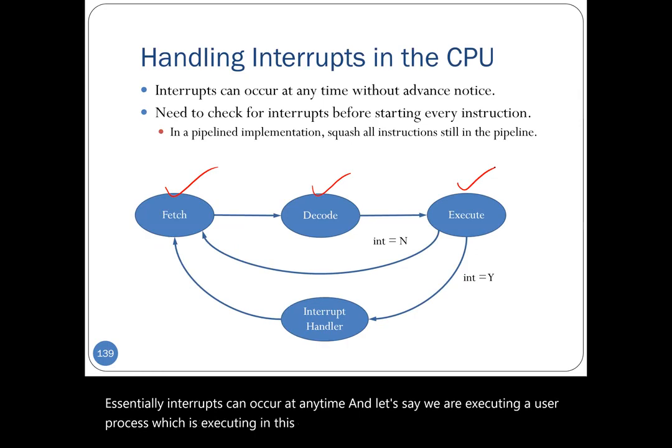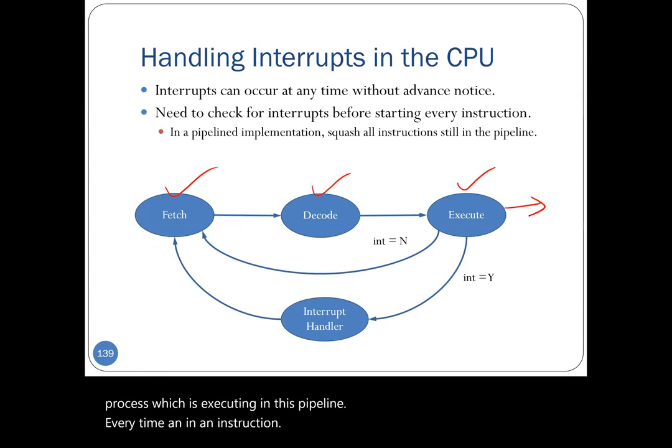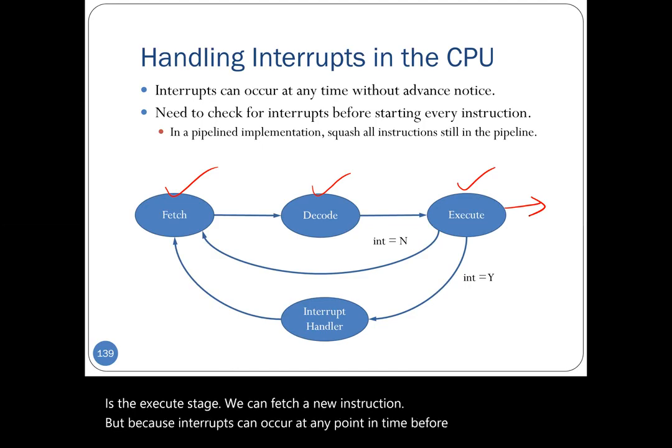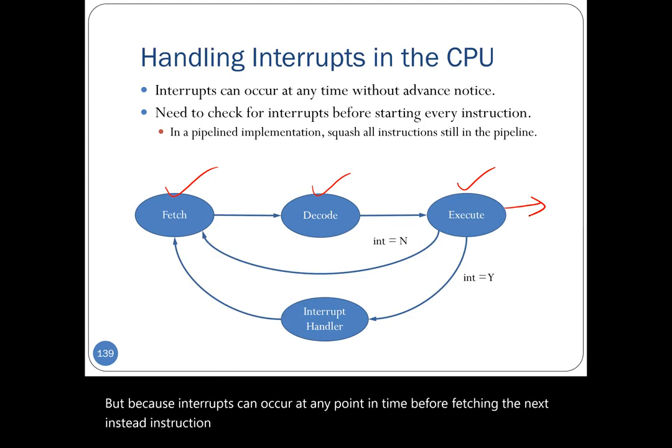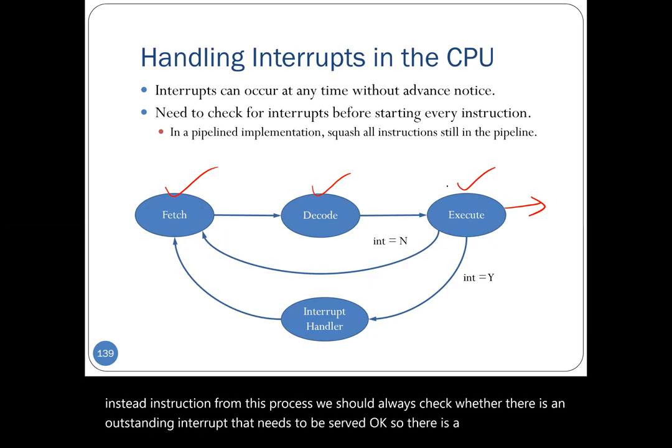Now, every time an instruction leaves the execute stage, we can fetch a new instruction. But because interrupts can occur at any point in time, before fetching the next instruction from this process, we should always check whether there is an outstanding interrupt that needs to be served. So there is a small logical change here with interrupts in our systems.